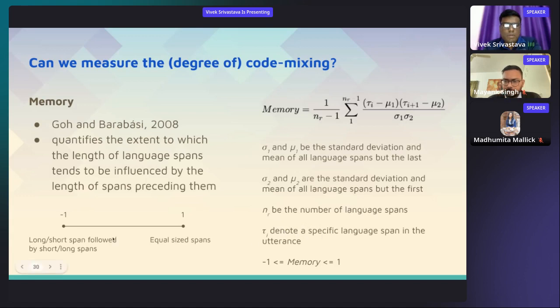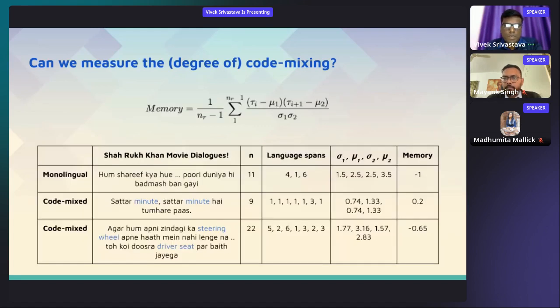And when you put everything together, the score for a particular sentence will be in the range of -1 to 1. -1 represents that a long span will be followed by a short span, or a short span will be followed by a long span. And if you go towards the other end of this scale, it means that you have equal size spans for both the languages. Again, if we go back to our example, the scores will turn out to be this.